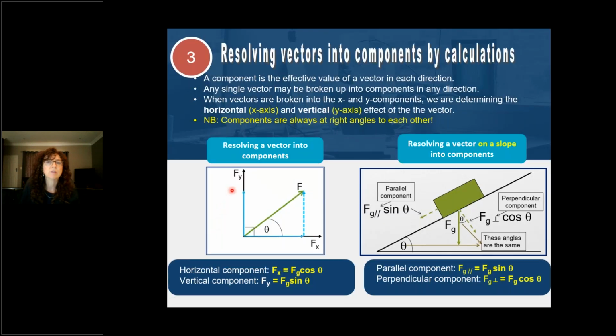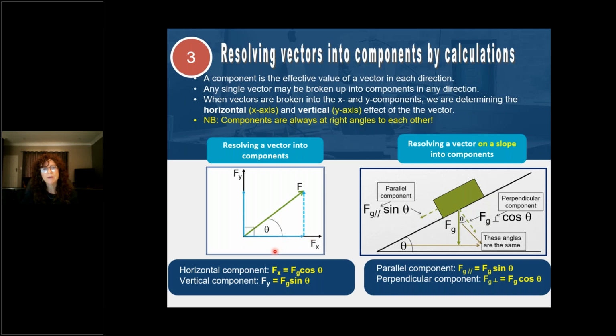Right, so resolving vectors into components by calculation, where you do have a force at a certain angle. Remember all the force diagrams, you will have a y component and an x component. So your y component will be sin theta and your x component will be cos theta.